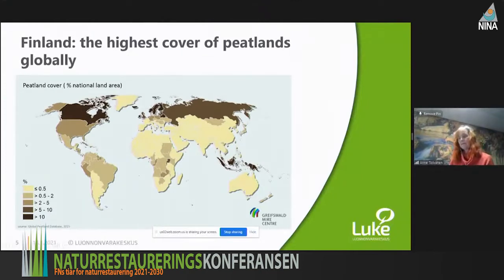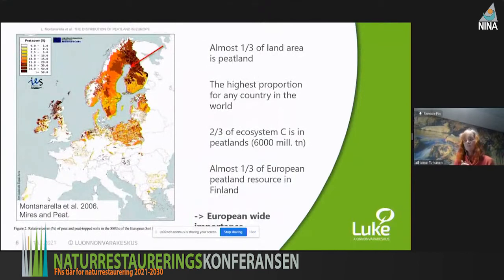But this doesn't tell the whole truth yet, because the black color is given to any areas having more than 10% of land area of peatland. But Finland has much more than 10%. We have about 30% of land area covered by peatlands, and it is a higher cover than in any country in the world.